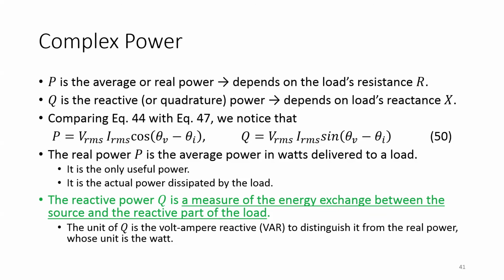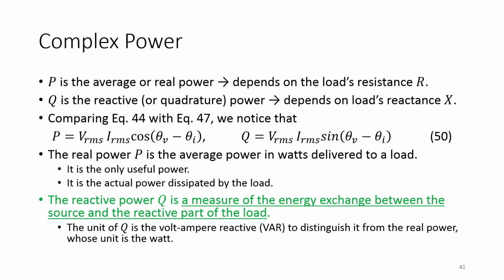All the power required by the reactive portion of the impedance would be moving to and fro between the source and the reactive portion. So it is not actually dissipated, but it goes back to the source.